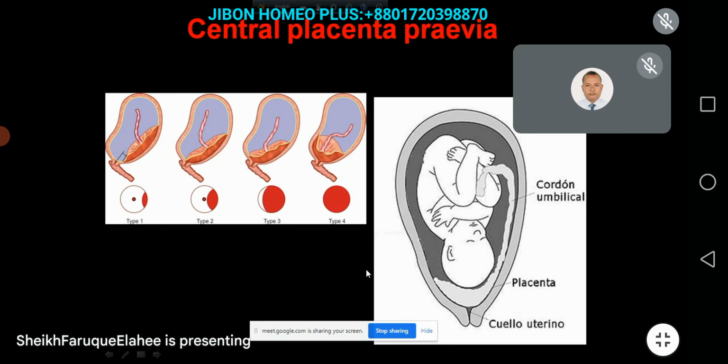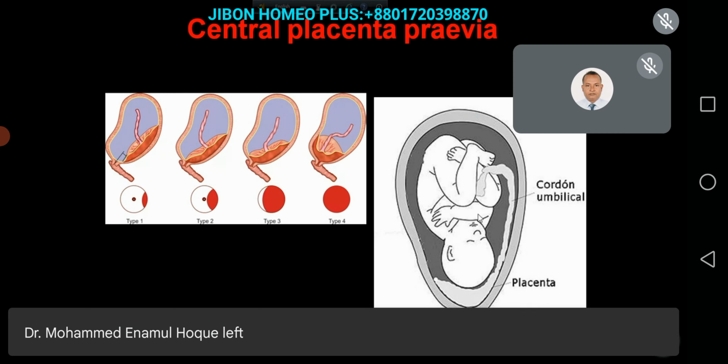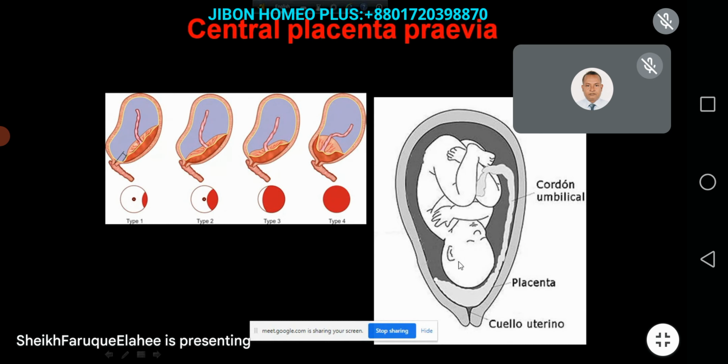Nowadays this is very easy. While we were students, in our younger age, there was no ultrasonography, so we used to diagnose the case clinically. Nowadays, you can just send the case to a sonologist for ultrasonography, which will confirm that this is a case of placenta previa.